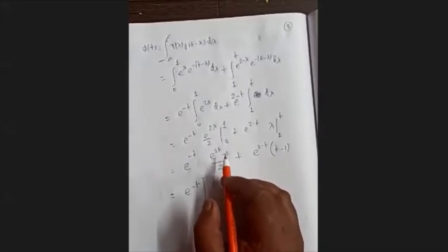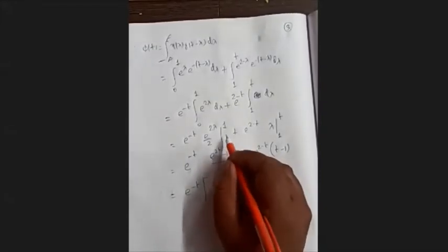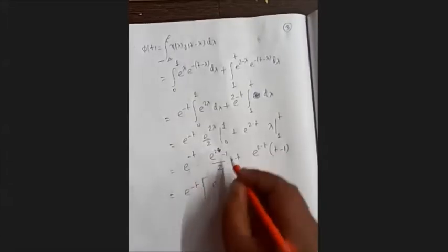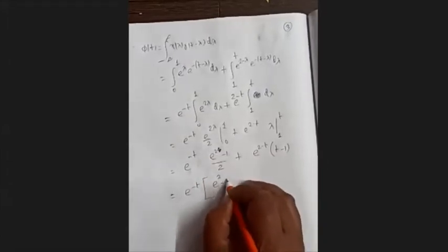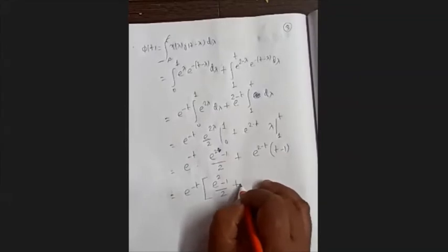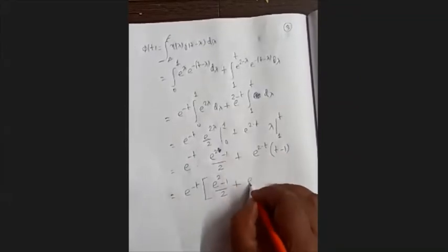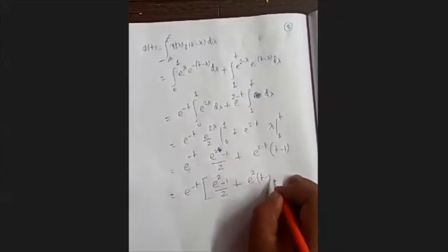It is just one. There is a mistake. It will not be t. It is e square minus 1 by 2 plus e square t minus 1. So that is our final result.